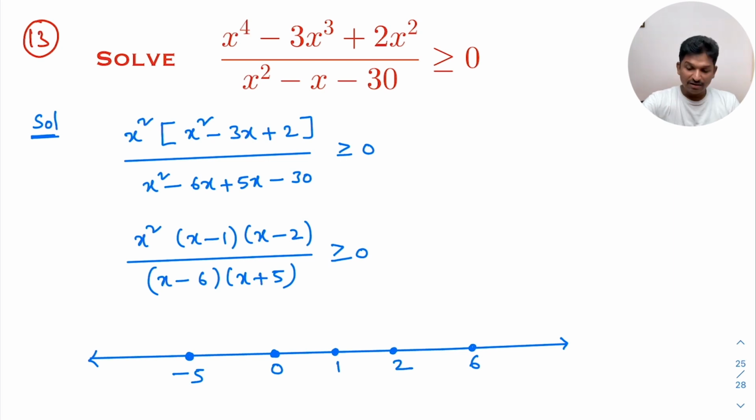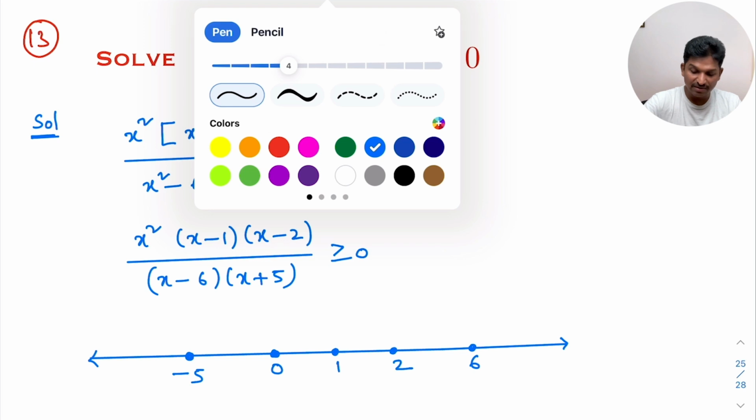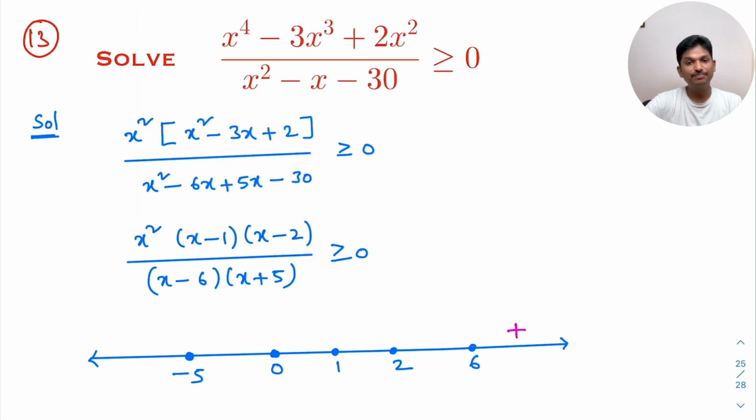Now the rightmost corner, means this part. In this part you write plus first. The wavy curve method says that in the rightmost corner you write plus. Afterwards, here 6 is coming from this. In the power of this, 1 is there, and 1 is an odd power.